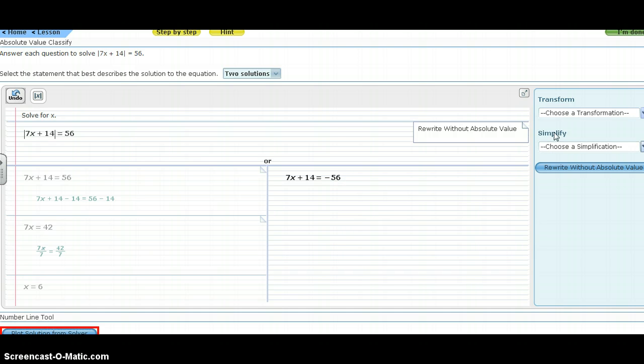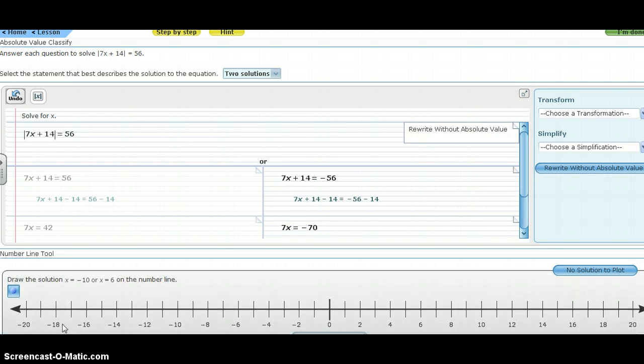All right, good. So again, we're going to subtract. The solution to solving should be the same thing on each side. It's just going to be different in here because that's a negative, not a positive. Okay, again, we want to divide by 7, and that's negative 10. And then we're going to plot our solutions.